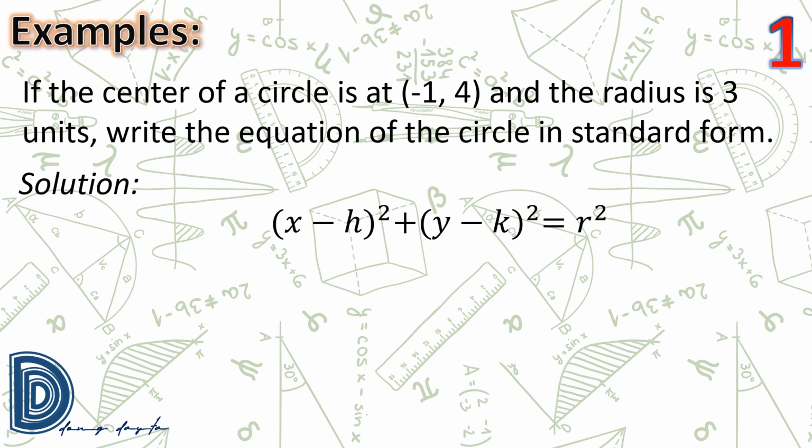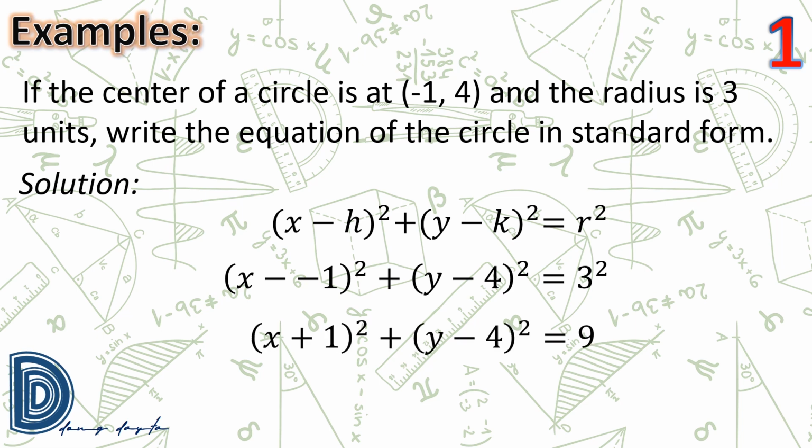That is (x minus h) squared plus (y minus k) squared equals r squared. Substituting, we have (x minus negative 1) squared plus (y minus 4) squared equals 3 squared. Then we have the equation of the circle in standard form as (x plus 1) squared plus (y minus 4) squared equals 9.